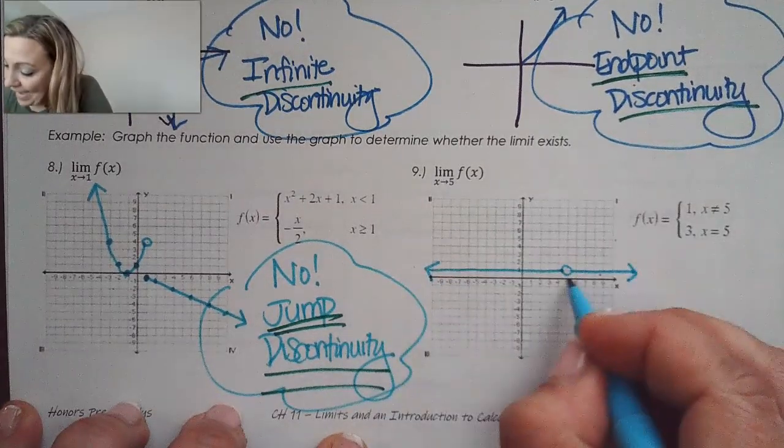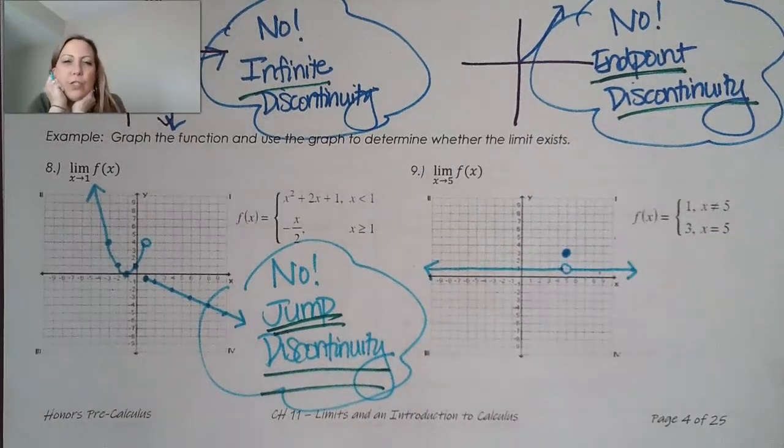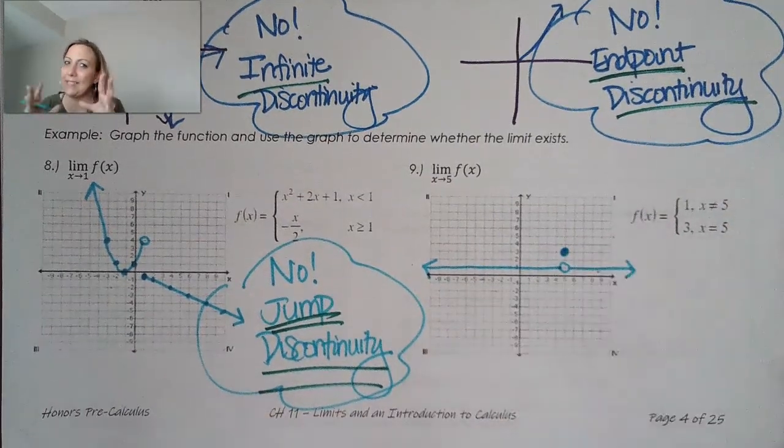But when x is 5, f of x is 3. So would a limit exist here? I know maybe instinctually we are saying no because we would have to jump to get to that, but let's think about it.